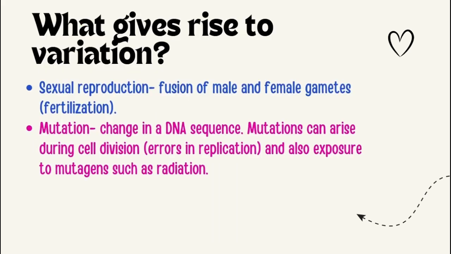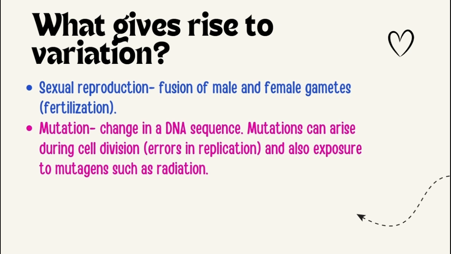And we said before that variation will come from sexual reproduction, the fusion of male and female gametes, some fertilization has to take place, right? And another way that variation can come about is through a mutation, right? So mutation means that there's a change in the DNA sequence. For example, during cell division, during the S phase, that's where DNA replication takes place.